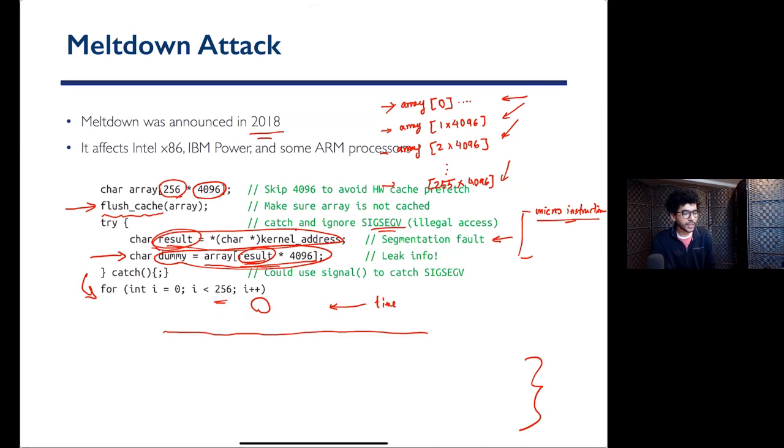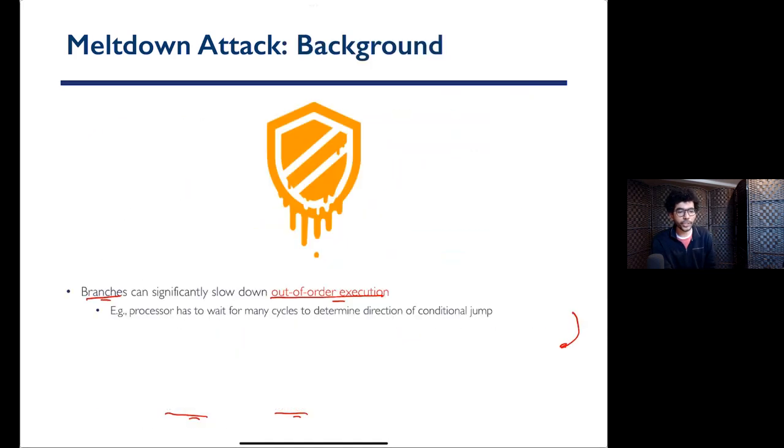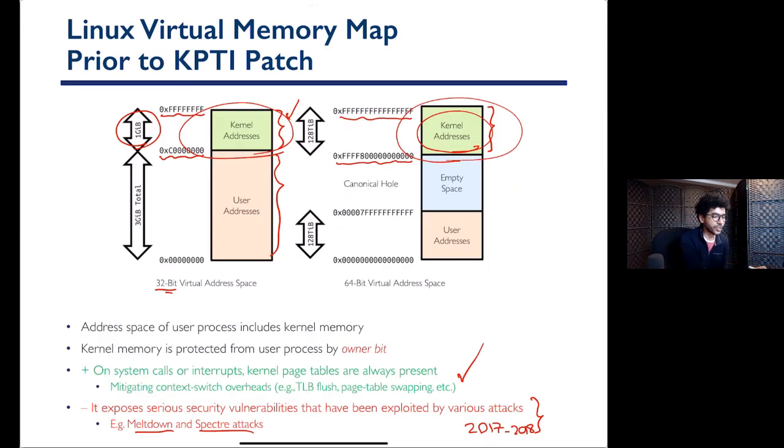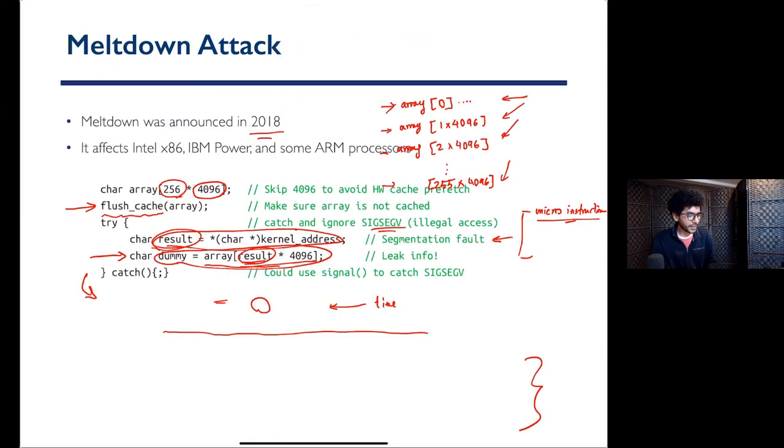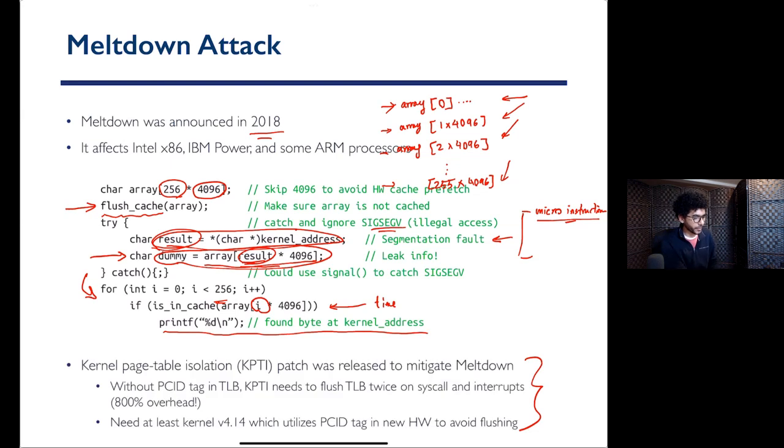So if you look at recent versions of the kernel, this has changed. We don't store the entire kernel address space in each process. We only store a very small range. And also the kernel, every time it context switches, flushes the TLB, so that this doesn't happen. It gives you a slowdown of, I think, 8 times.